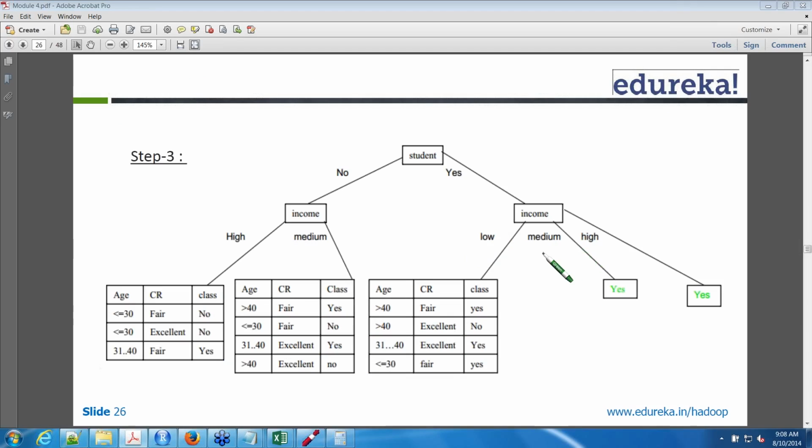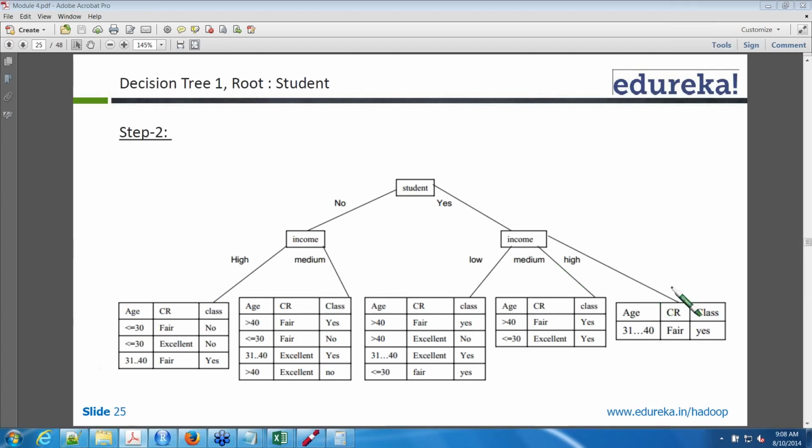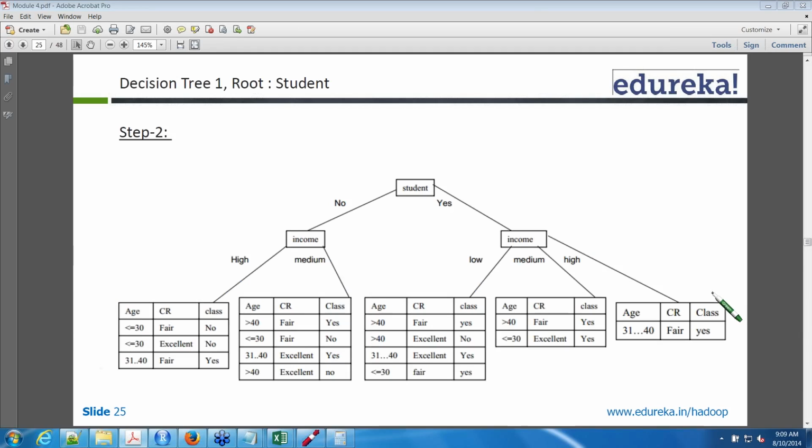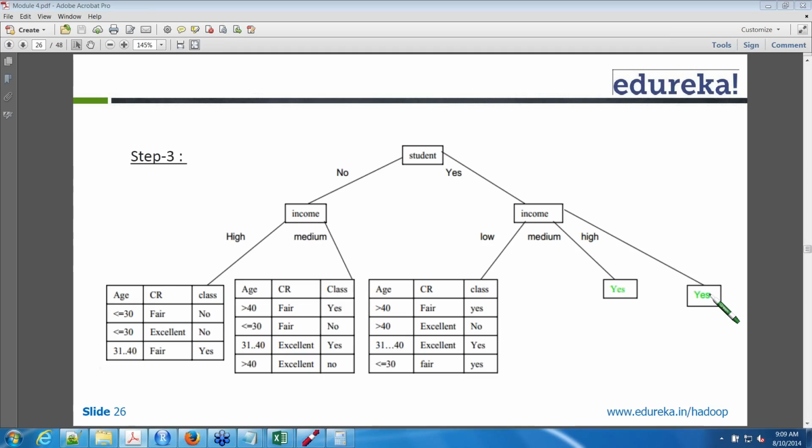Then, based on high and medium, why am I stopping here? Can anyone answer? Why is this node stopped? It is not proceeding further. Any answers?